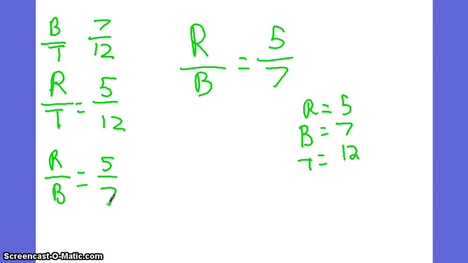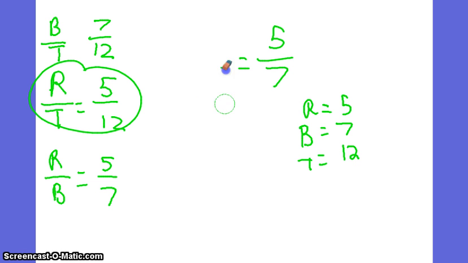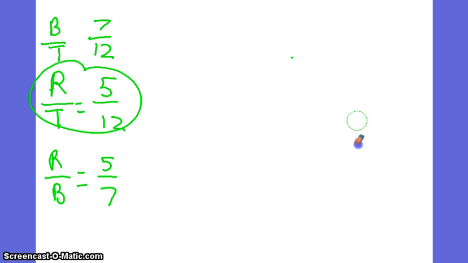Now, the problem is asking how many were red compared to the total. So one of those three is the one that I need. I want this one. Let me clear out some space so I can work.